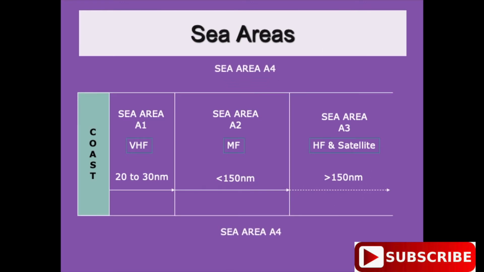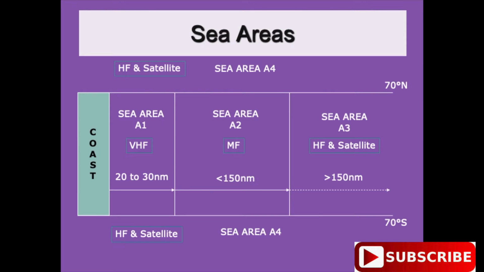Sea area 4 is mostly towards the poles. It's more than 70° north and 70° south. The requirement is HF and satellite, because it's high frequency and satellite.